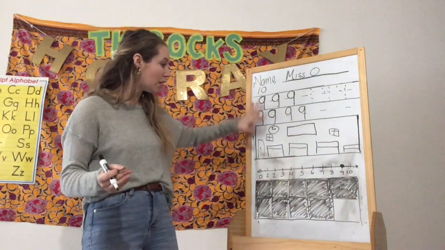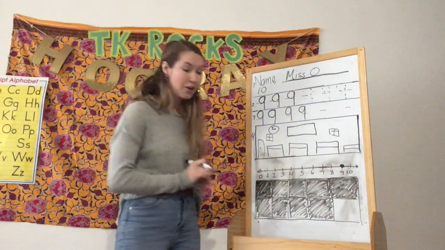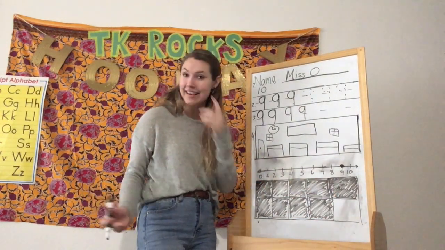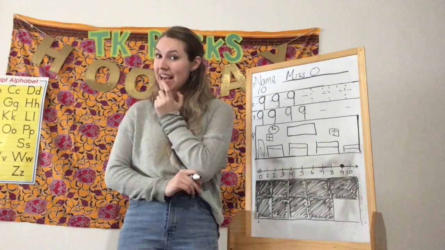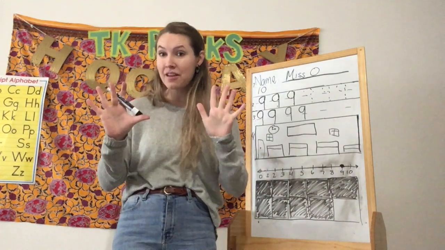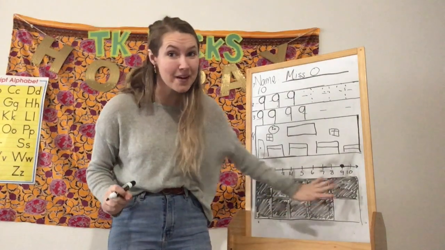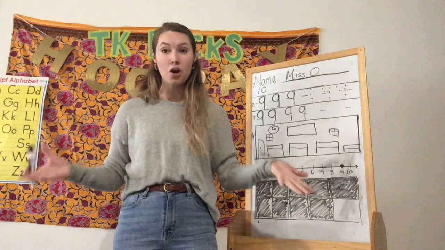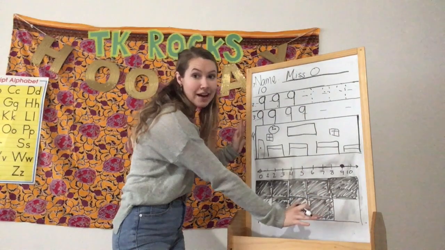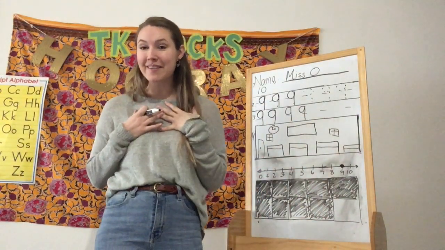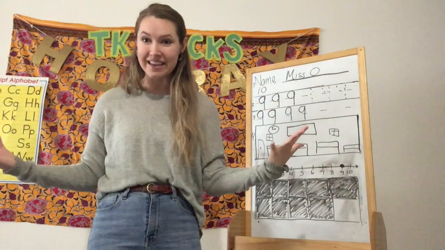You already know what to do for the rest of your page. And for your 10 frames, I wonder how many boxes you're going to fill in. Let's think about it. If you're working on your 10 page and there are 10 frames, you're going to be filling all your 10 frames in when you do your 10 page. So for today, go ahead, do your 9 page and then do your 10 page all by yourself. Turn them into me so I can see your number book all finished. And good luck!